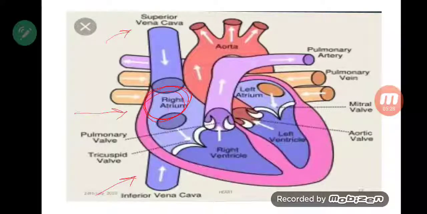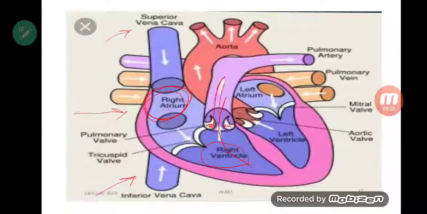The blood enters the right ventricle through the tricuspid valve, which is an atrioventricular valve. Then the blood goes in one direction. When the right ventricle contracts, it goes to the pulmonary artery through the pulmonary valve.